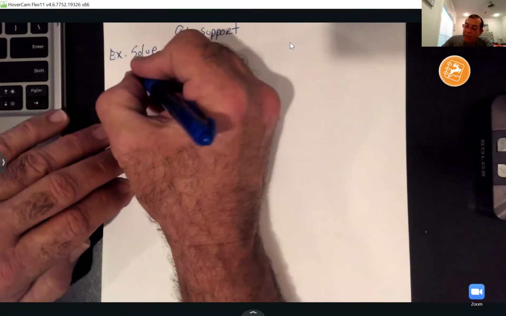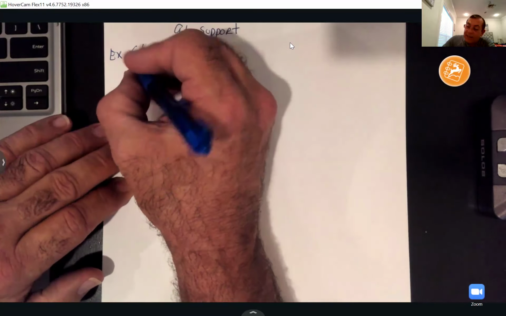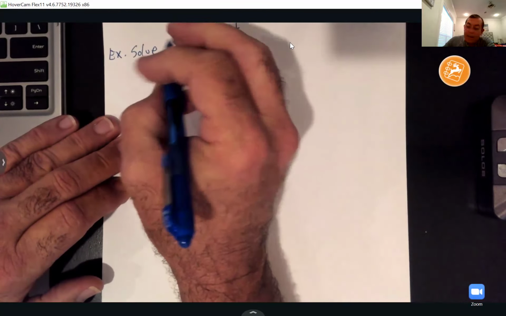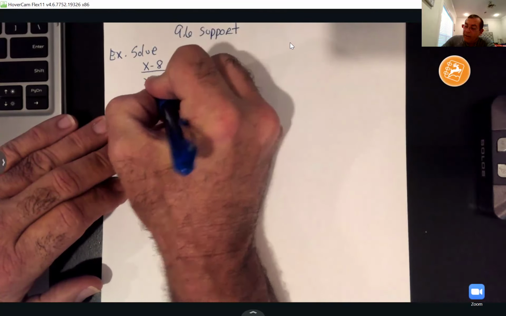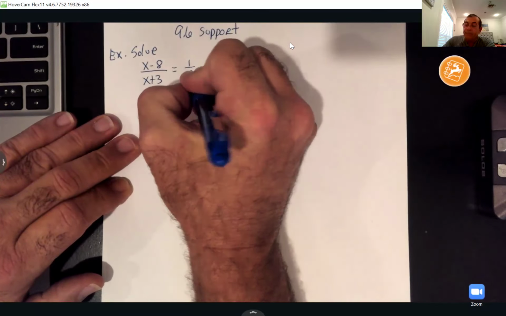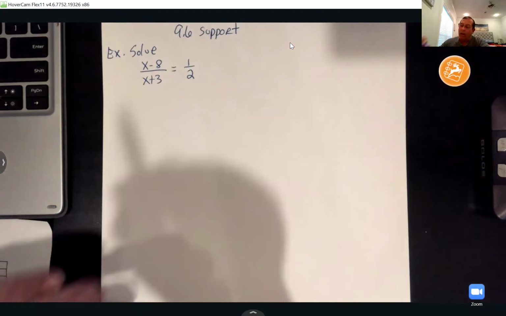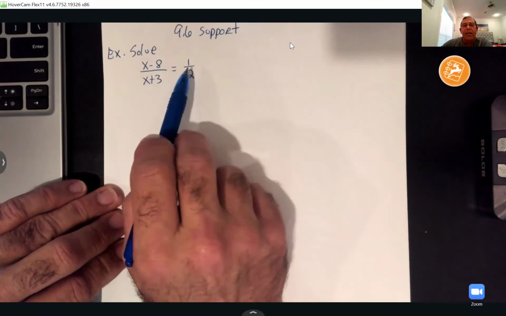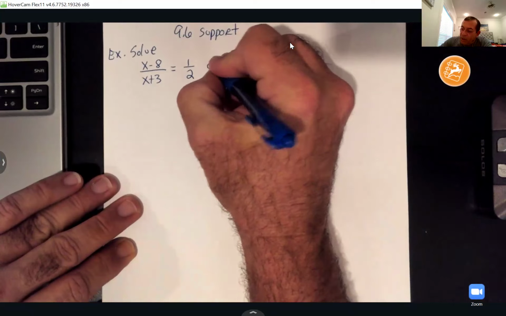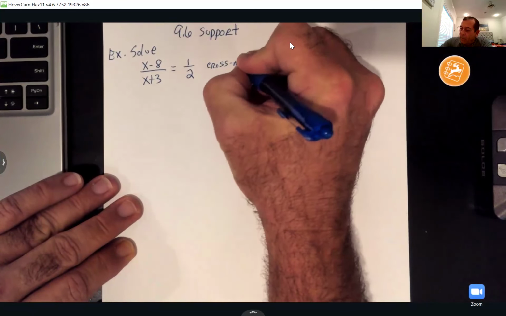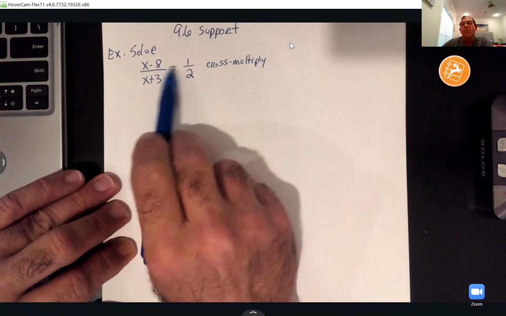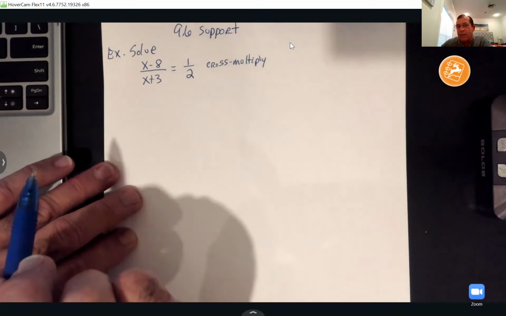So y'all, number one had x minus 8 over x plus 3. This all equals 1/2. So y'all, anytime you see a fraction equal to a fraction, the way you're going to do that, you're going to cross multiply. By cross multiplying, that's the easiest way to get rid of the fractions.